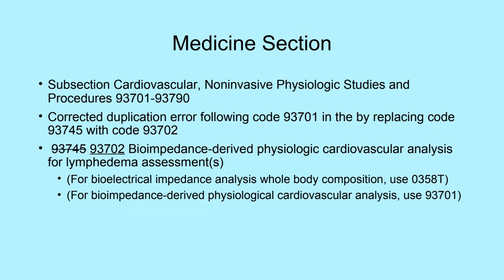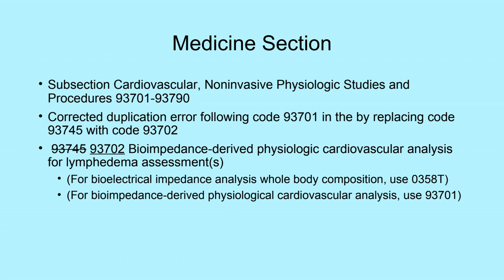Okay, so that's all the changes to the surgical section. Changes were also made in the medicine section. In the subsection cardiovascular non-invasive physiologic studies and procedures, we're looking at 93701, 93790. There's a duplication error. 93745 is listed twice under two different descriptions.